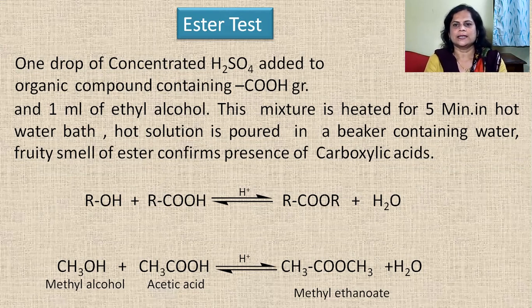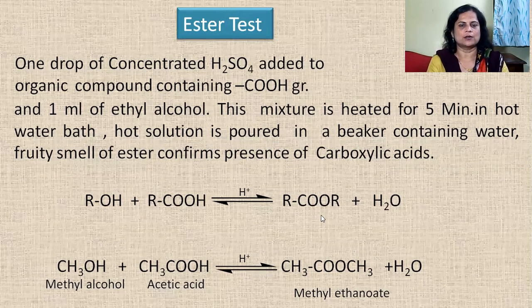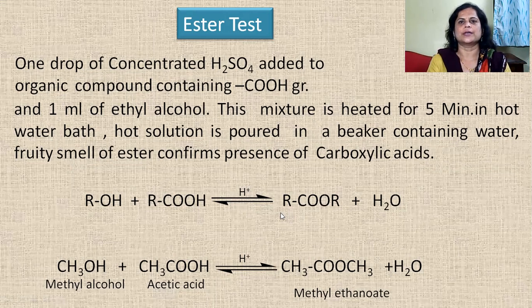After heating for 5 minutes in a hot water bath, esters are formed. Now see the reaction: alcohol ROH reacts with the acid RCOOH, and an esterification reaction takes place in the presence of H2SO4 with the formation of H2O.